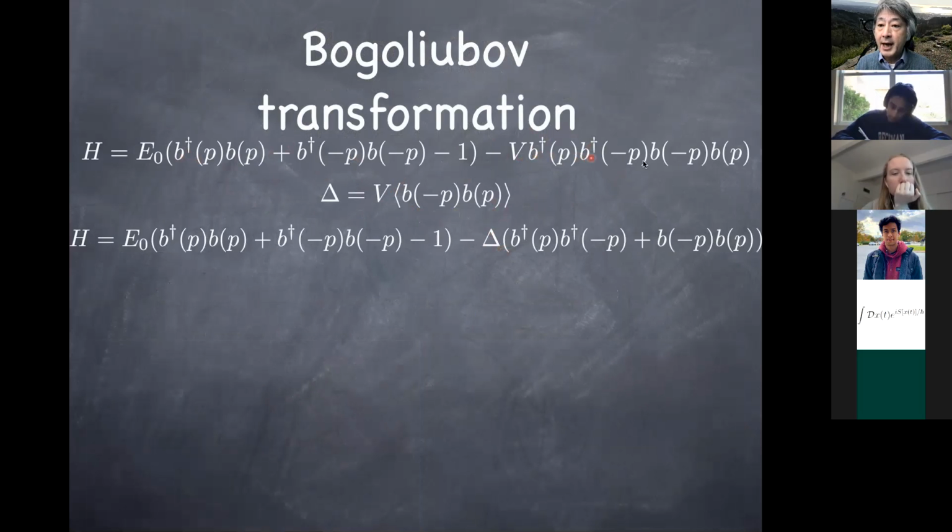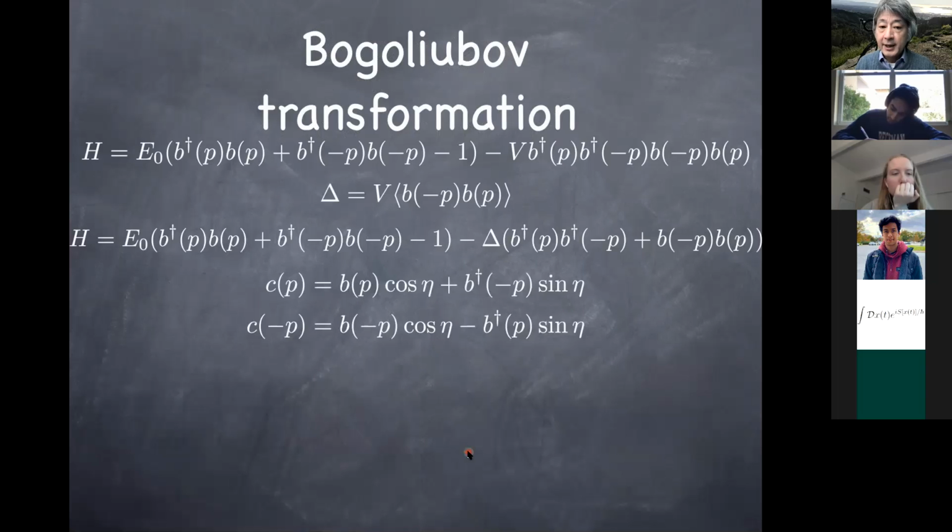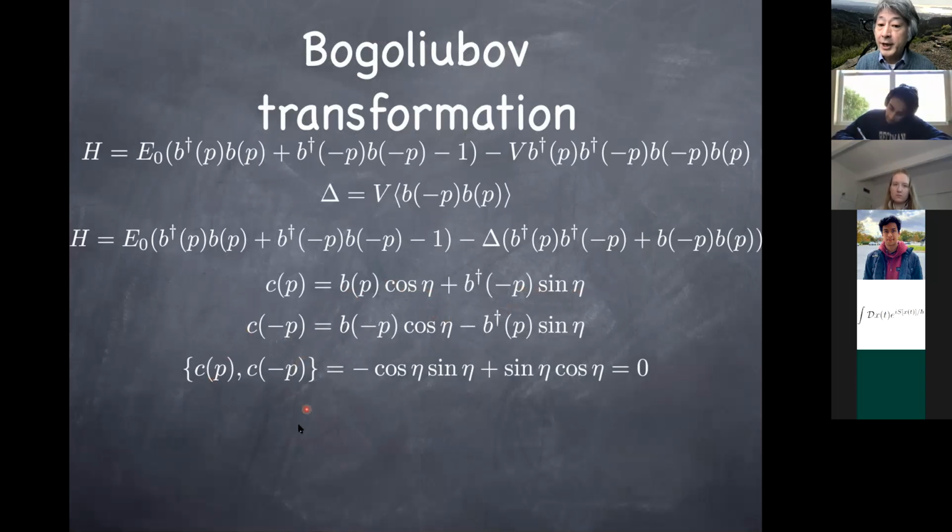So this b dagger b dagger, bb interaction would be now replaced and simplified into a two-body operator with b dagger and bb in it. And you try to diagonalize this. It turns out that if you take a linear combination of creation-annihilation operators, not with cosh and sinh like in the case of bosons, but in terms of cosine and sine for the fermion, you can maintain the canonical anti-commutation relation.